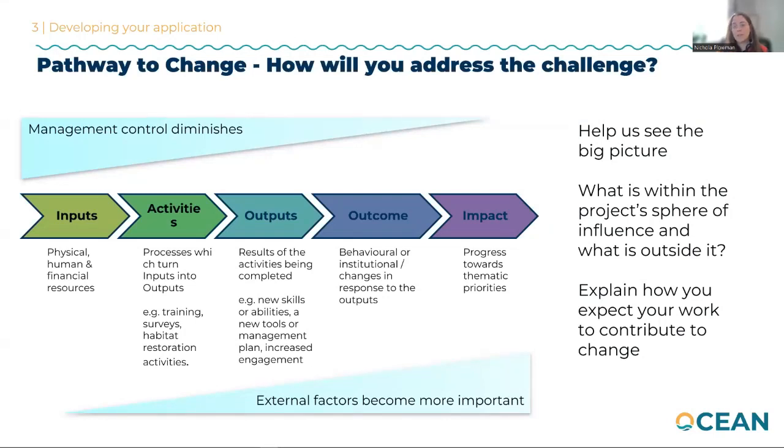So really you need to lay out what's within the project sphere of influence and what's outside of it. So moving from inputs to outputs, your sphere of control starts to diminish, and then the external factors will become a lot more important, which is why we ask you to also consider these and outline the assumptions you're making about your project in this section.